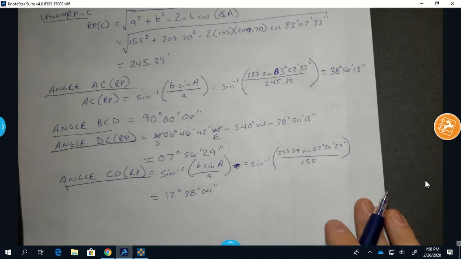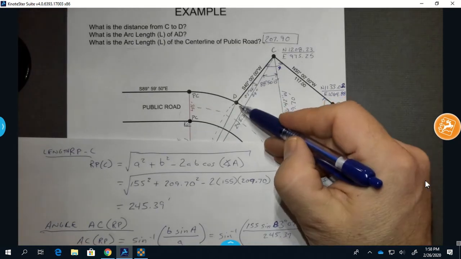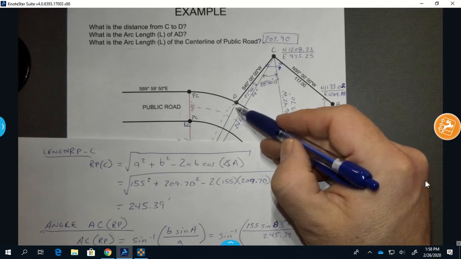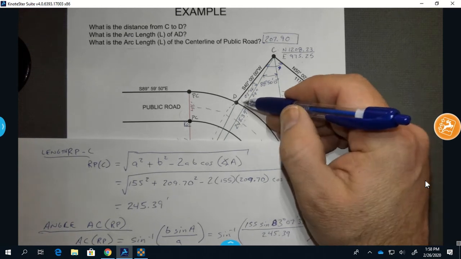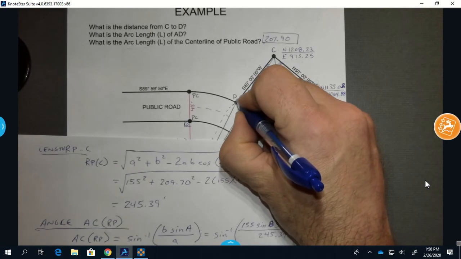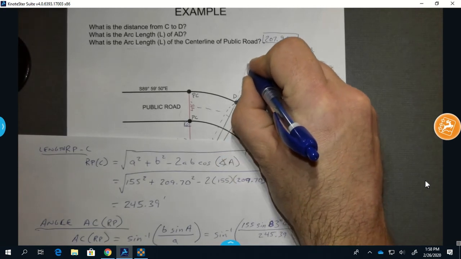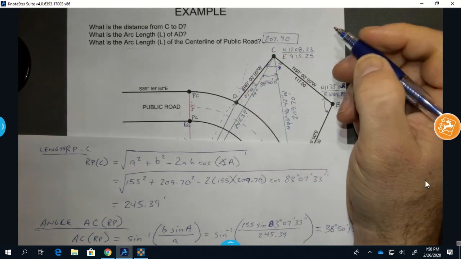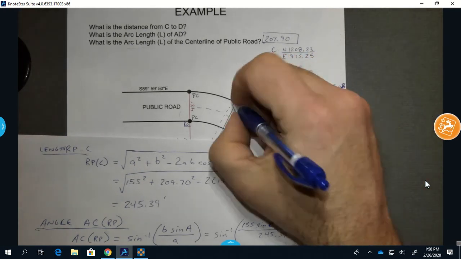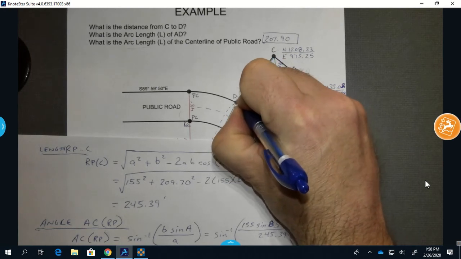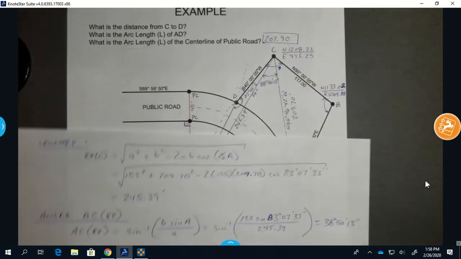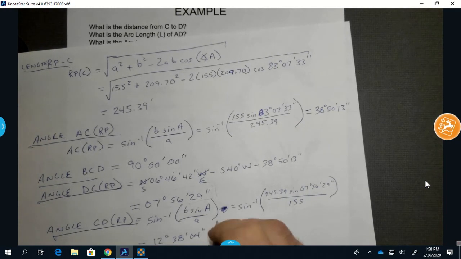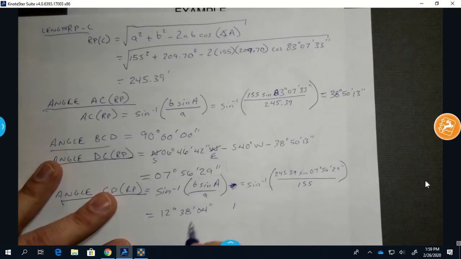All right, well that doesn't look right, because this angle looks a lot bigger than that. What we just did, in effect, was figure out this angle right here. That's what we just figured out. The exterior angle for that. So we need to subtract from 180 in order to get this angle. So we need to take this number away from 180.